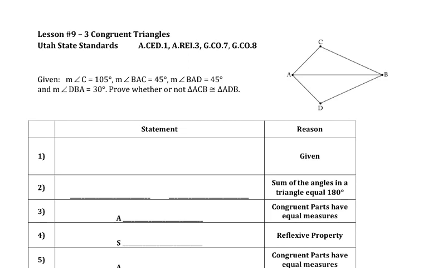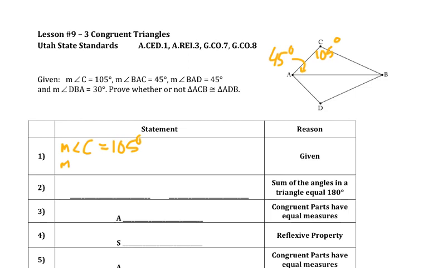Okay, so given, we know that the measurement of angle C is equal to 105 degrees. So I'm going to go to angle C and write down 105 degrees. Now, we also know that the measure of angle BAC, that's this one here, is 45 degrees.